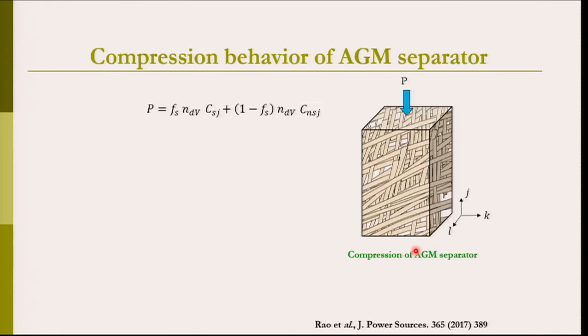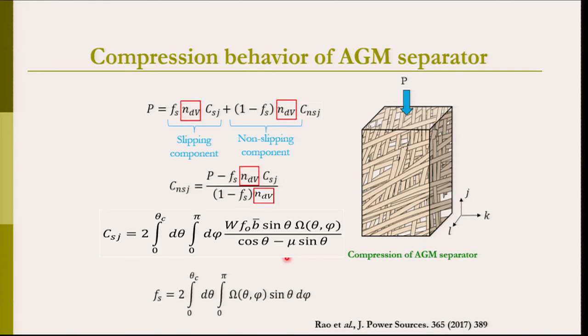So, once we know the fraction of slipping contacts, we can actually calculate how much of the load is being transferred to the slipping contacts and to the non-slipping contacts. So, compressive stress is distributed in the slipping component and in the non-slipping component.